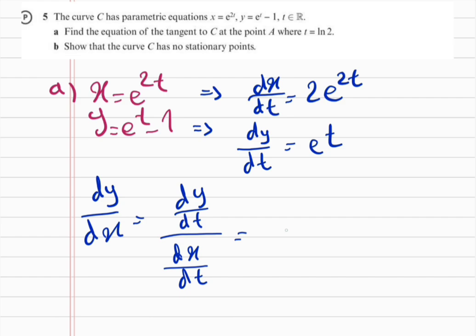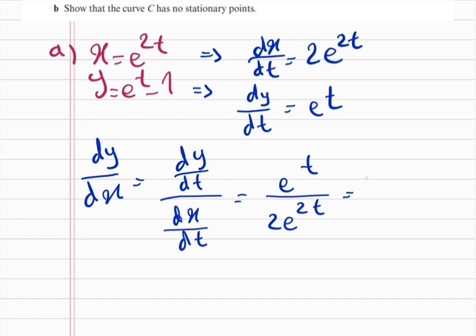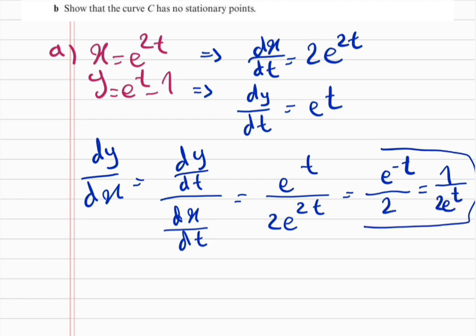This gives us e to the t divided by 2e to the power of 2t, and we have a half, and then e to the t minus 2t is e to the minus t. So that's the derivative in this case. Or we can also rewrite that as 1 over 2 times e to the t. So both of them basically work here.